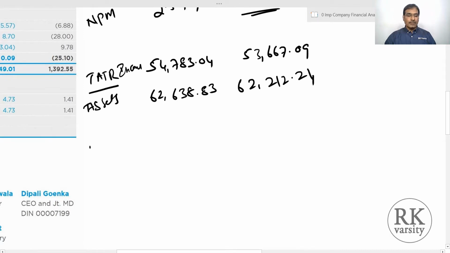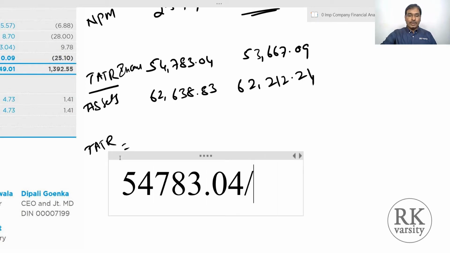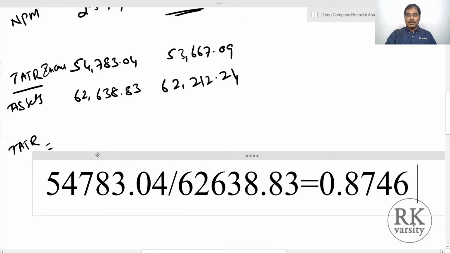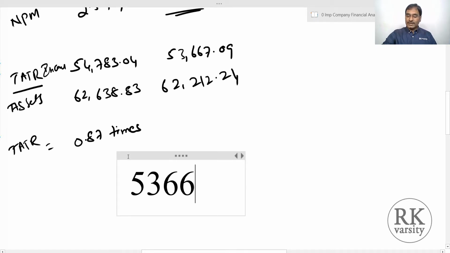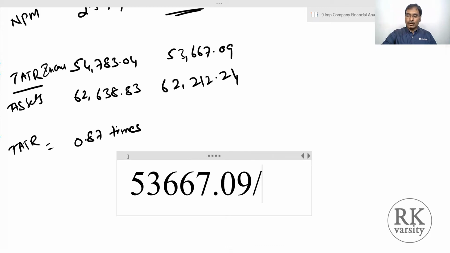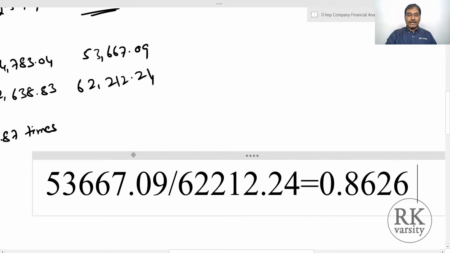So our total assets turnover ratio equals 54,783.04 upon 62,638.87, and this is in times, so 0.87 times, and for financial year 2020, 53,667.09 upon 62,212.24, so 0.86.